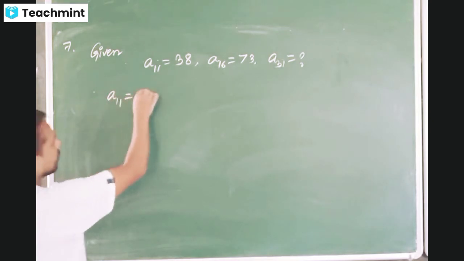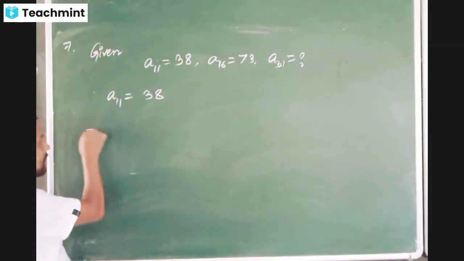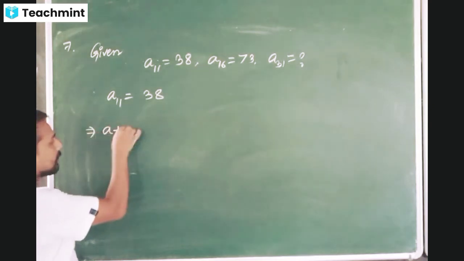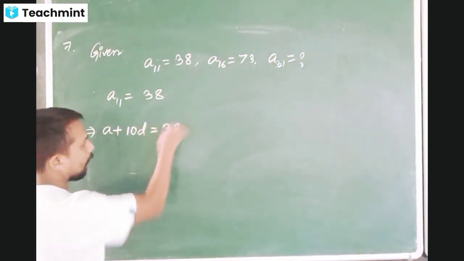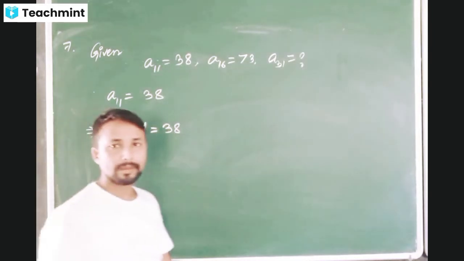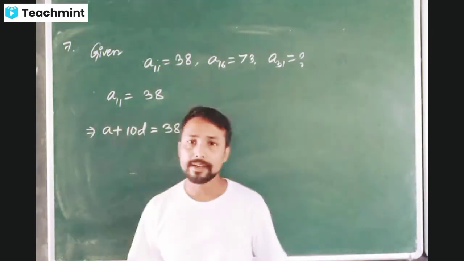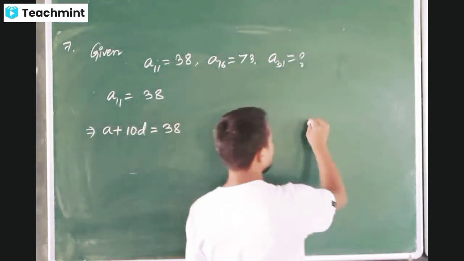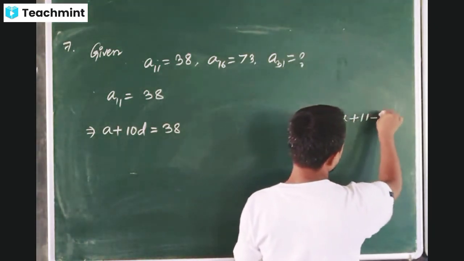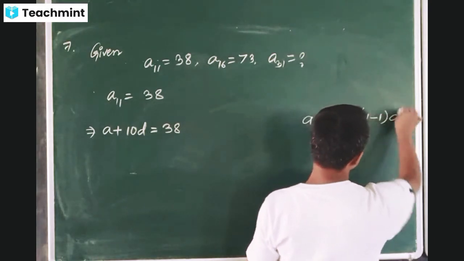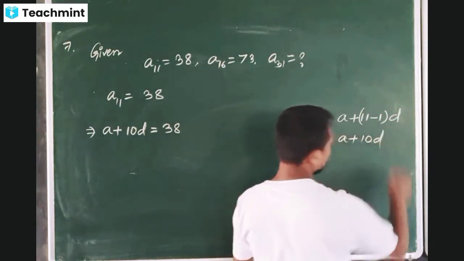A11 equal 38. Now, A11 means A plus 10D. Remember, one less than that. Why can we write A plus 10D? Because A11 means A plus 11 minus 1 into D, which is A plus 10D.